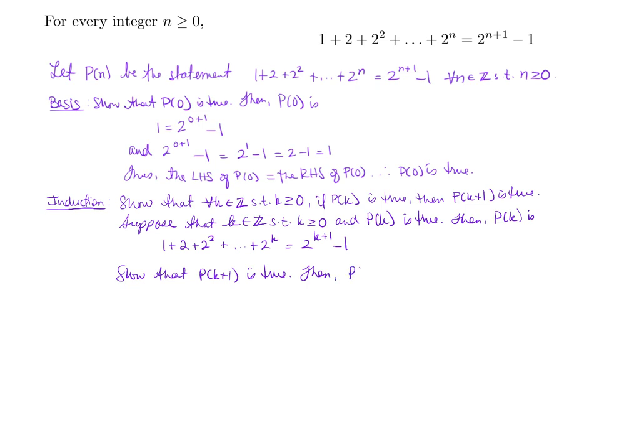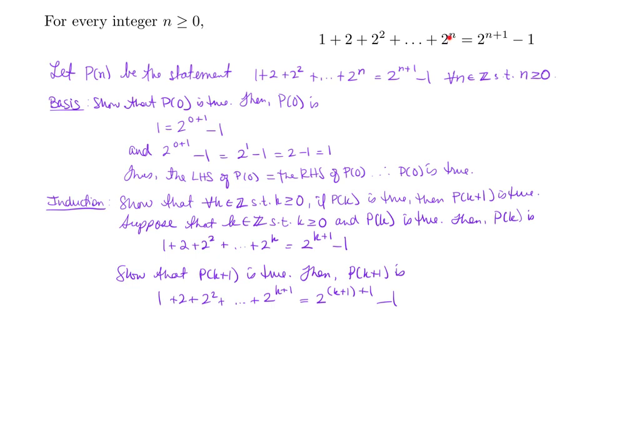Then we have to show that P of k plus 1 is... And here we would say on the left-hand side we'd have 1 plus 2 squared plus all the way up to 2 to the k plus 1. And it's going to equal 2 to the k plus 1 plus 1 minus 1. And you're going, where did all these extra plus 1s come from?